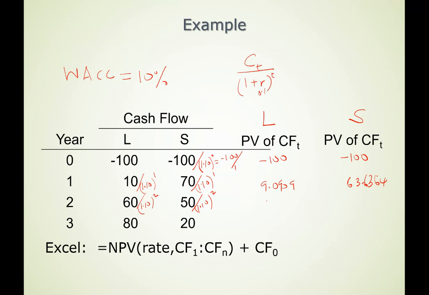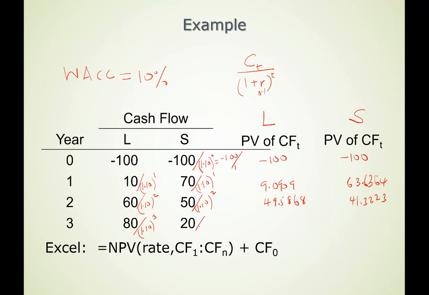This gives you a present value of 49.5868, and the present value of 50 will be 41.3223.